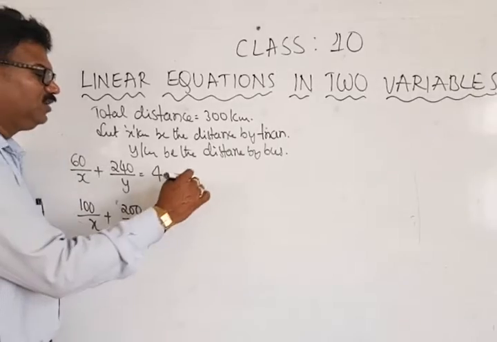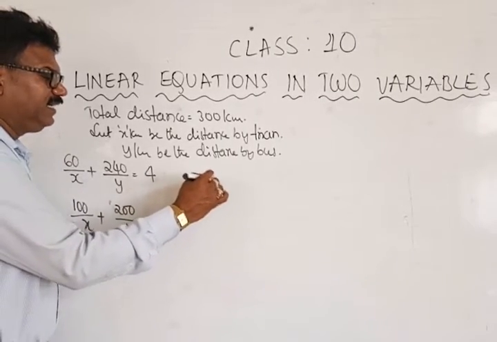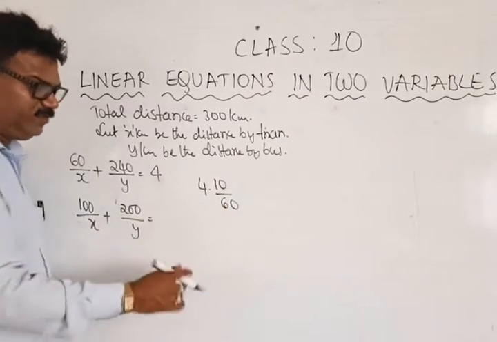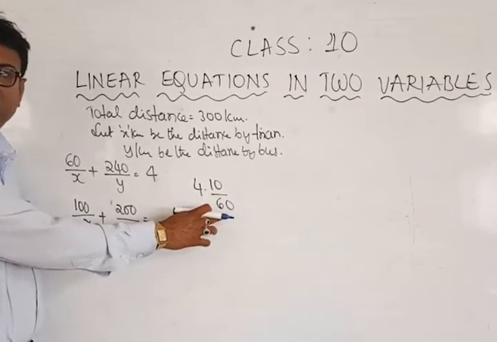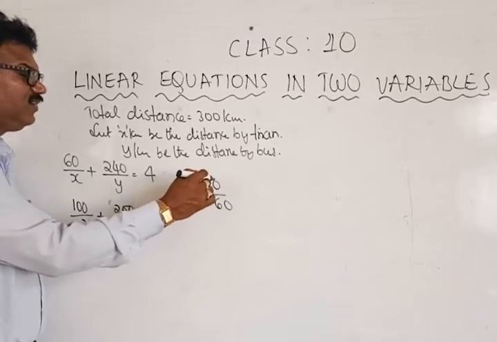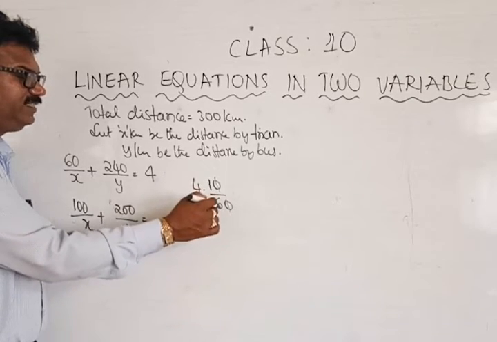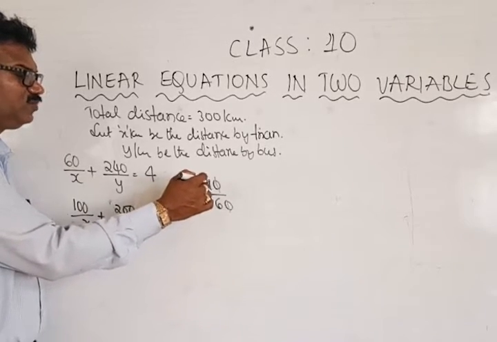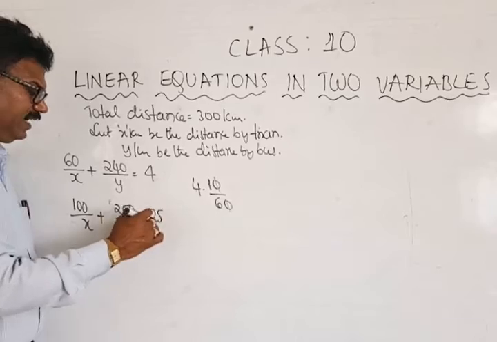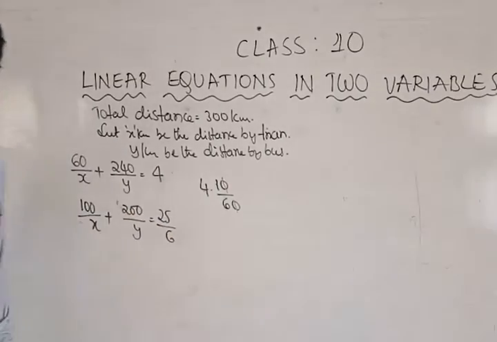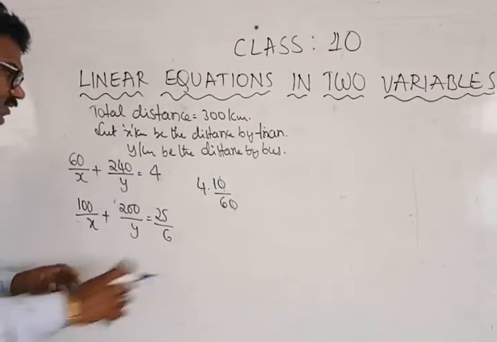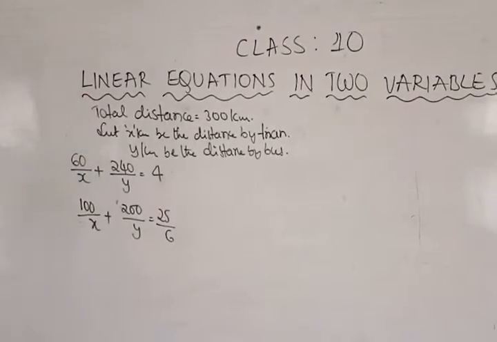Increased by 1 means 4 hours 10 divided by 60, because 1 hour is 60 minutes. Therefore 4 whole 1 by 6: 6 4s are 24 plus 1, 25 by 6.